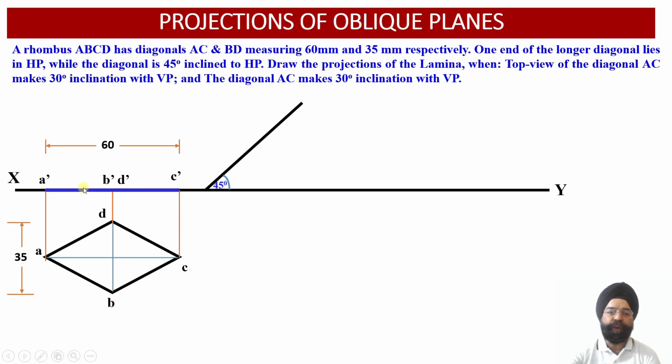So this is an edge view of the lamina. So this edge view has been rotated at an angle of 45 degree, and we have marked all these 3 points, and having obtained the front view of this lamina which makes an angle of 45 degree with respect to horizontal plane, now we need to obtain the apparent shape of this lamina in the top view, and the fourth view is the corresponding view.